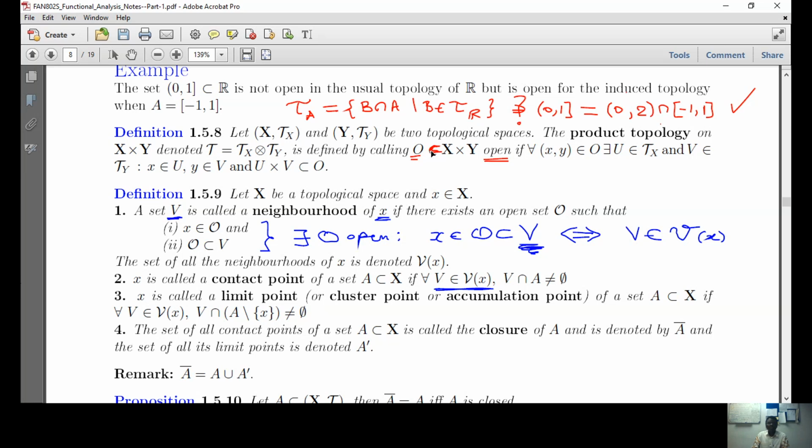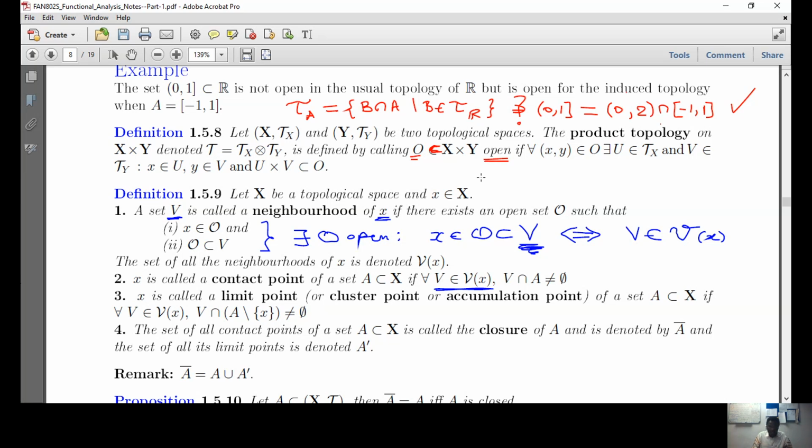Okay, so this is a subset. A subset of the Cartesian product X and Y is open if and only if it is a neighborhood of any of its points. This is how we are defining an open set, a neighborhood of any of its points.